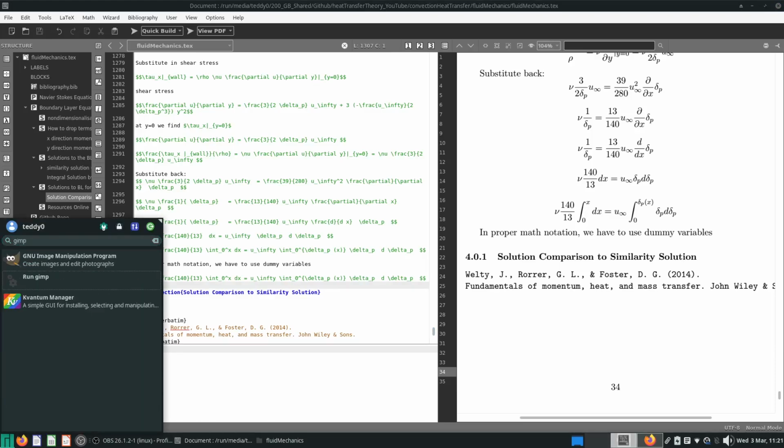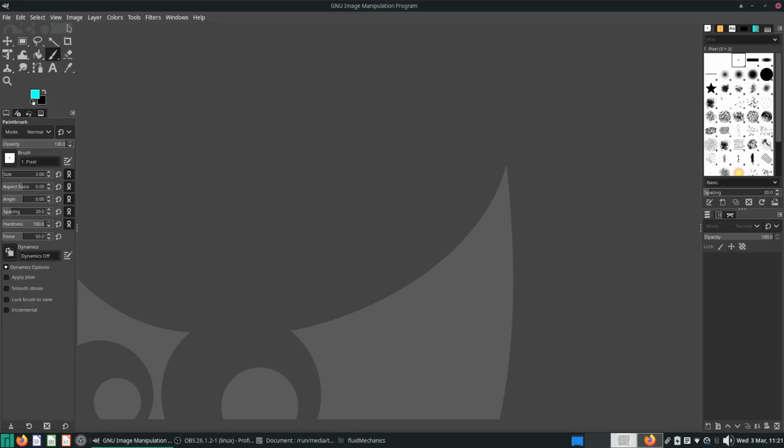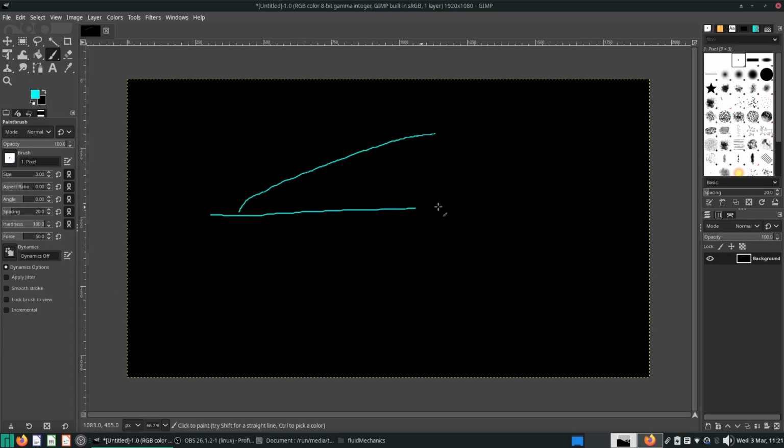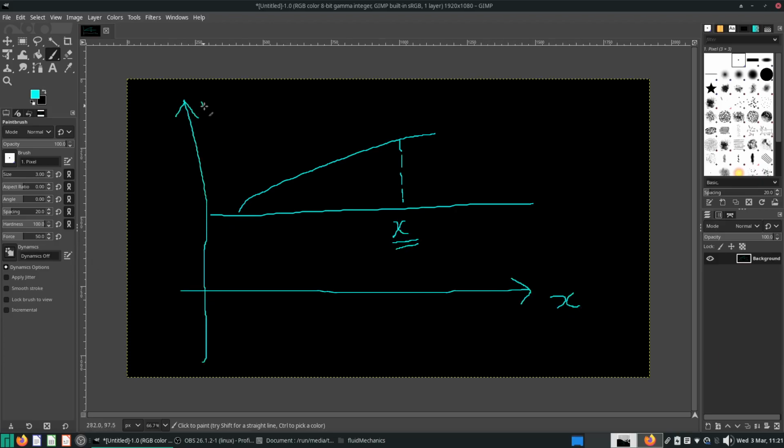So let me bring out GIMP. Yeah, we are actually integrating this equation all the way to the boundary layer where x equals x, right? So this is along the x-axis.